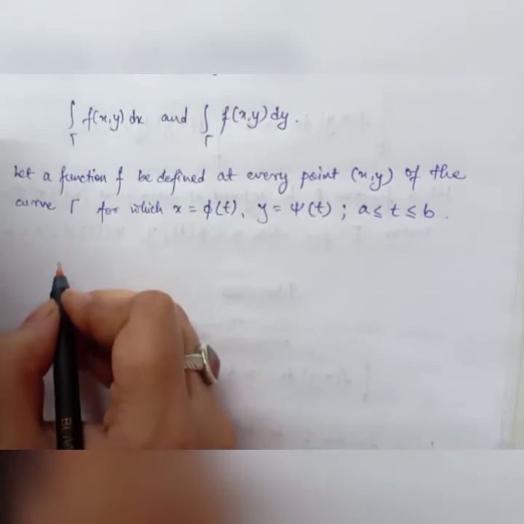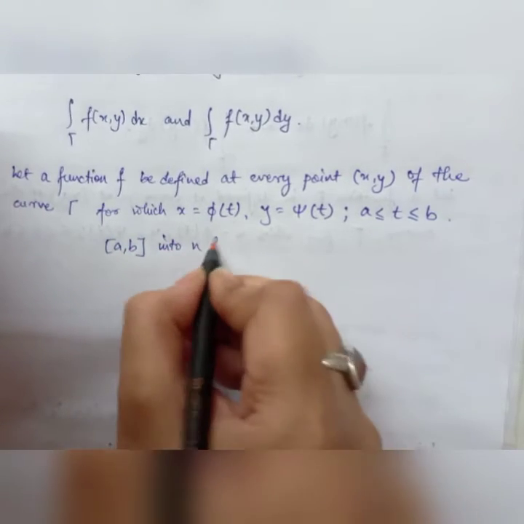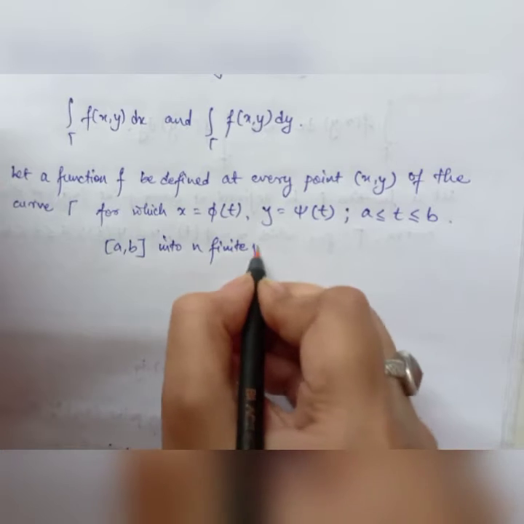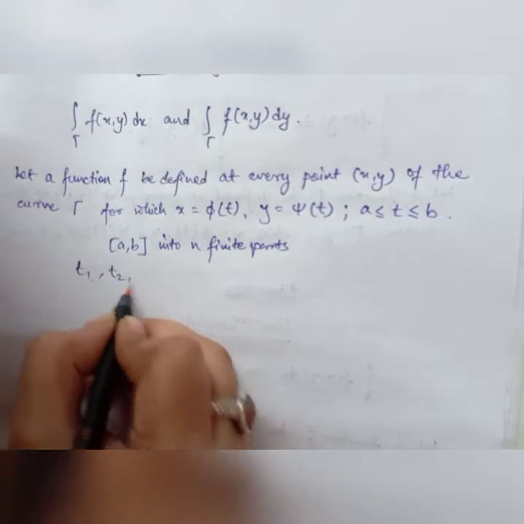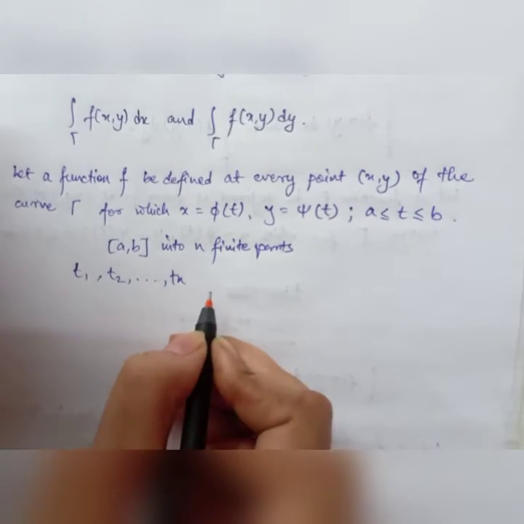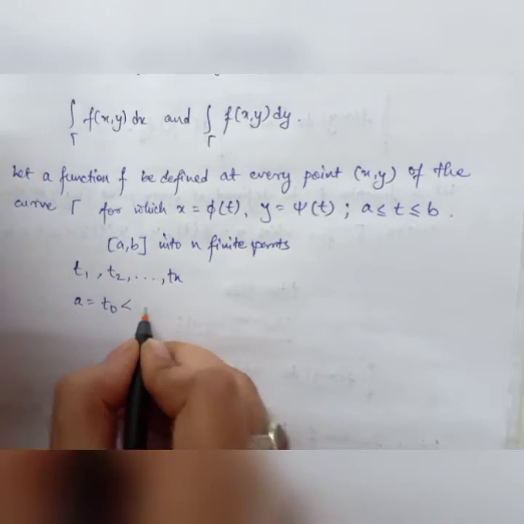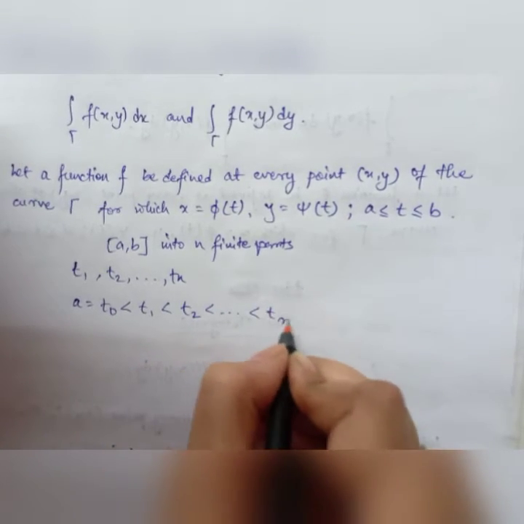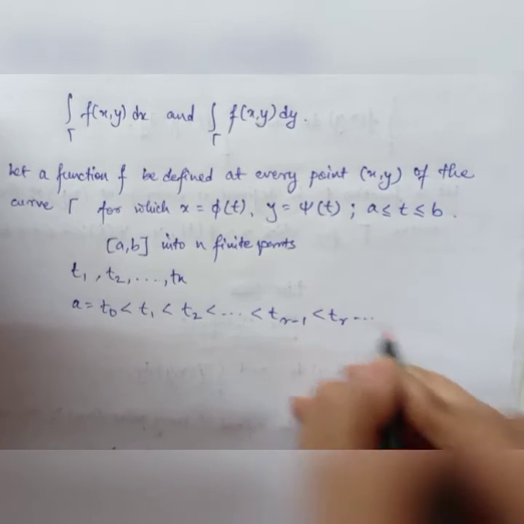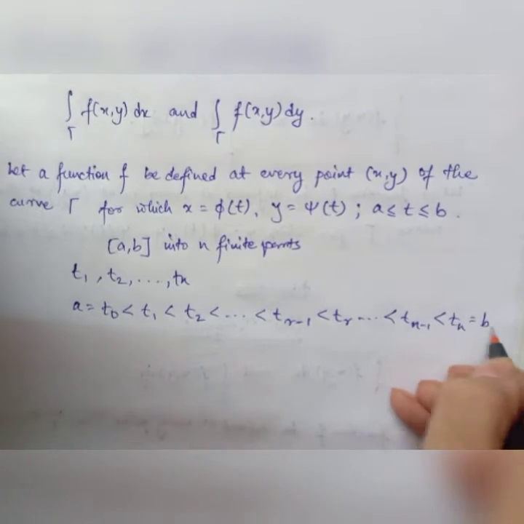So as usual we divide the interval ab into n finite parts, not necessarily all equal, by means of the arbitrary set of points t1, t2 till tn, where a equals t0 less than t1 less than t2 less than, it goes on till tr minus 1 less than tr till tn minus 1 less than tn, which equals b.